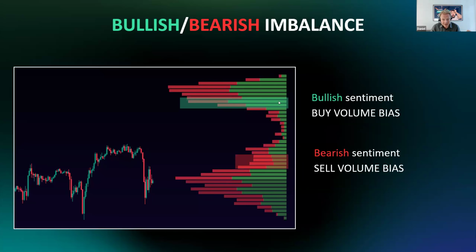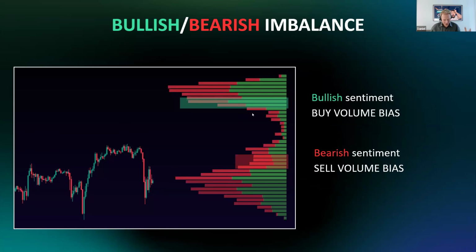There are more buyers at this price level than there were sellers. So this gives you a read on what is the market sentiment once price enters this area. And the sentiment can be either bullish or bearish. Once again, you can use this information to make predictions of what may, of course, there's no guarantees, may happen once price enters these areas.